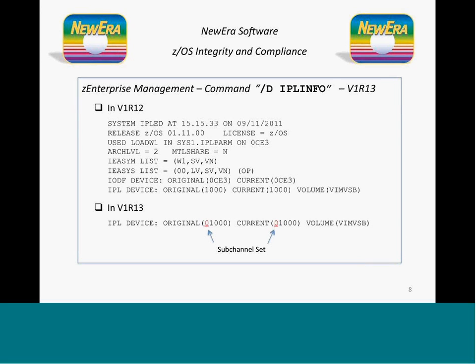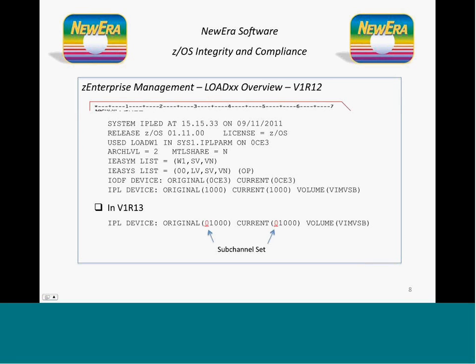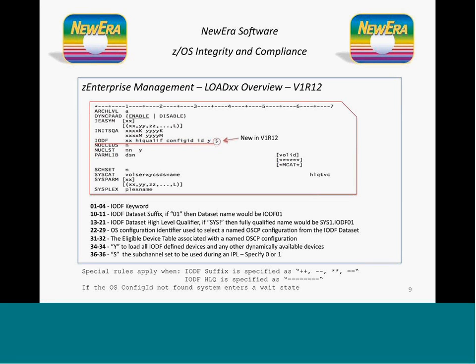As you can see here, an example of a change that's occurred from V1R12 to V1R13 is the addition of the channel set character to the device addresses. We think that's going to have some implications for you, not only from an operational perspective, but also from a control and management perspective as well. We're going to detail the impact of that change on the IPL process, particularly the LOADxx member.